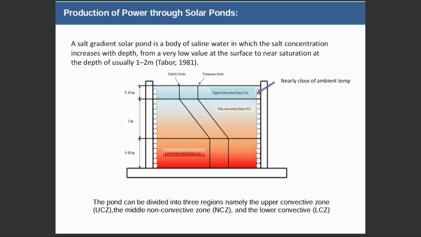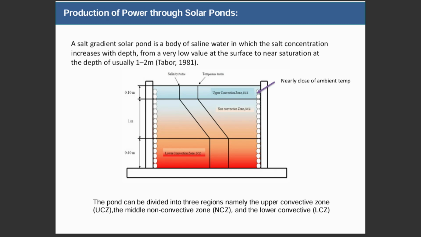So you have a different salinity profile and temperature profile, which follow each other in such components. You have an upper convection zone, because it's irradiated, a non-convection zone, and at the bottom a lower convection zone. So you have convection at the bottom and at the top, and it can be considered as divided into 3 zones.